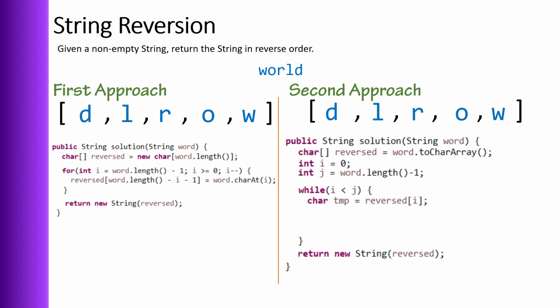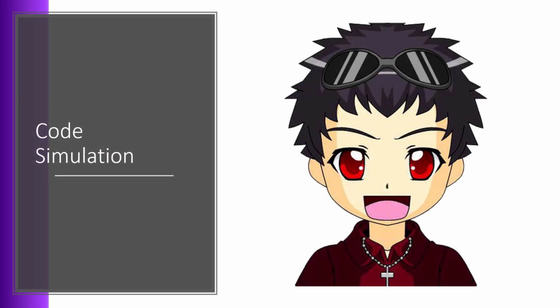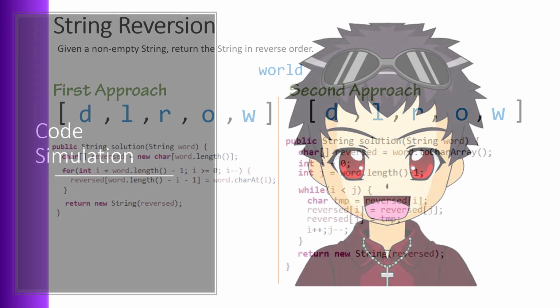Okay, we would have a temp which would hold the reversed i value, and then reverse i would have the value of reverse j, and then reverse j would hold the temp value, and then increment the left cursor and decrement the right cursor. We could see this clearly if we do the code simulation, so let's do that.